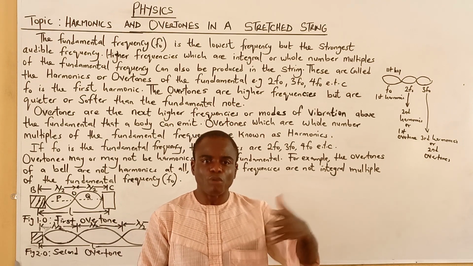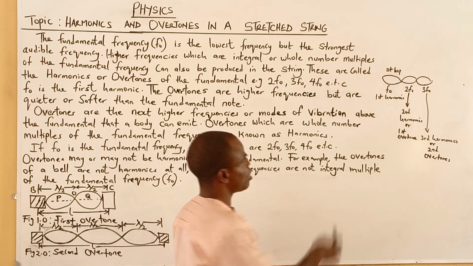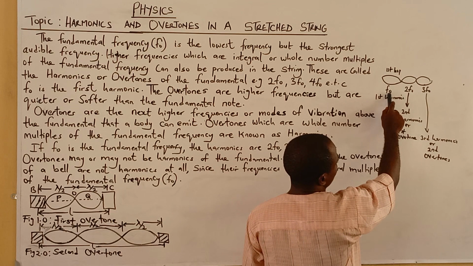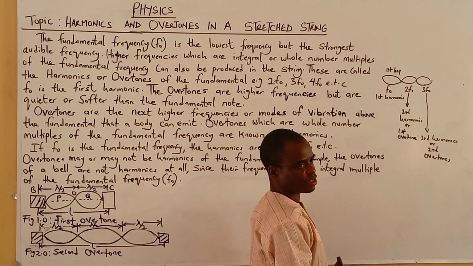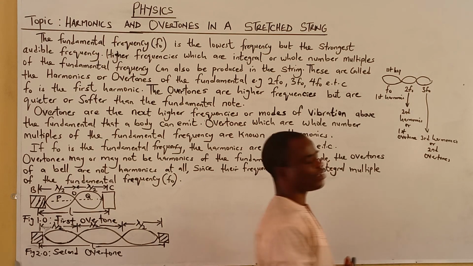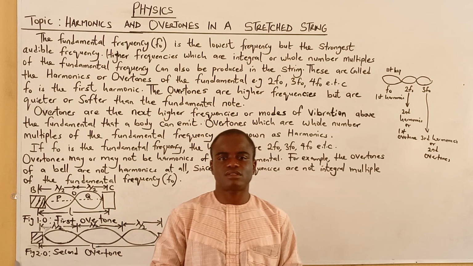It must be whole number multiples before it's called harmonics. That's why we call this one harmonics, because they are whole number multiples of the fundamental frequency. You can see 2F naught, 3F naught, whole number multiples of the fundamental frequency before it can be called harmonics.